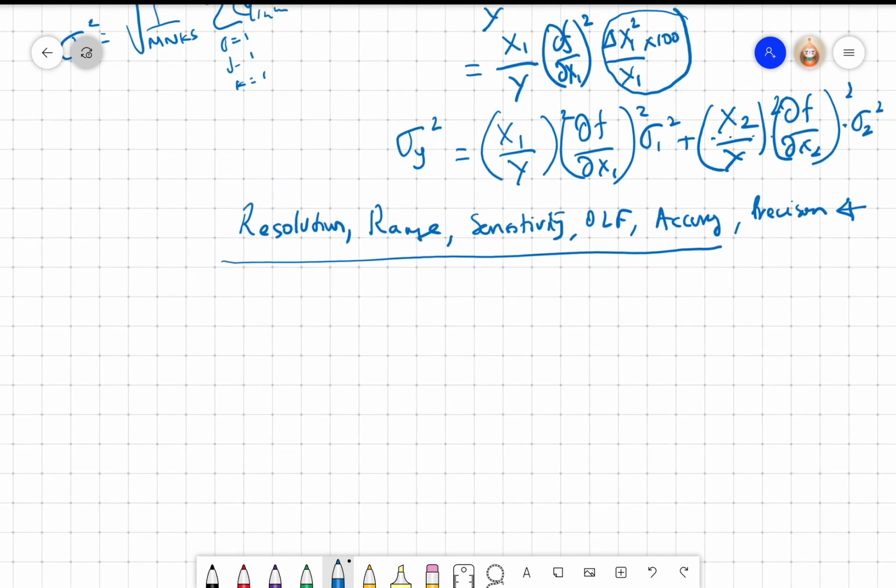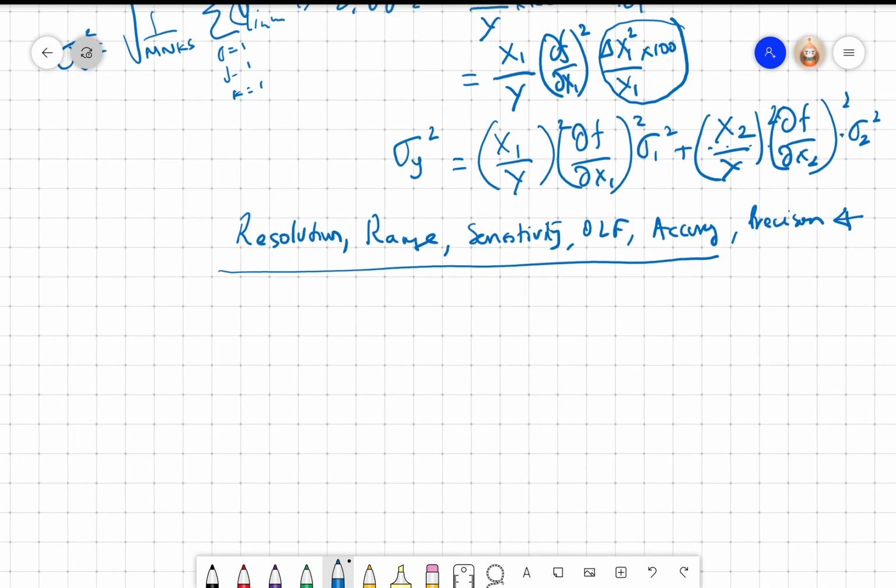Now let's do a very simple experiment. I have a thermometer. Assume this is a mercury thermometer.